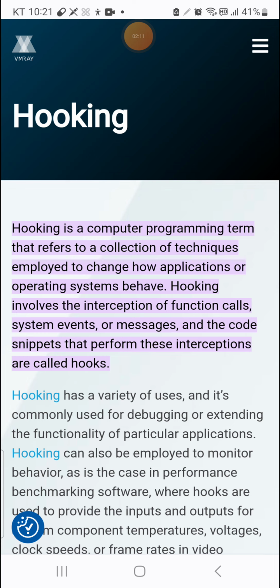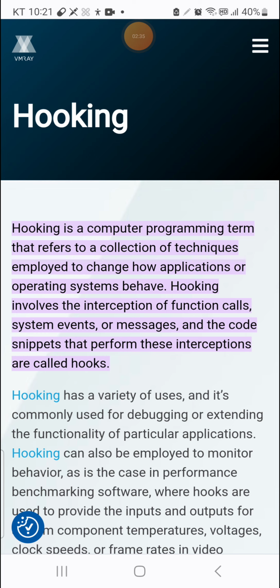Hooking involves interception of function calls, system events or messages, and the code snippets that perform these interceptions are called hooks. Very good definition, I think.